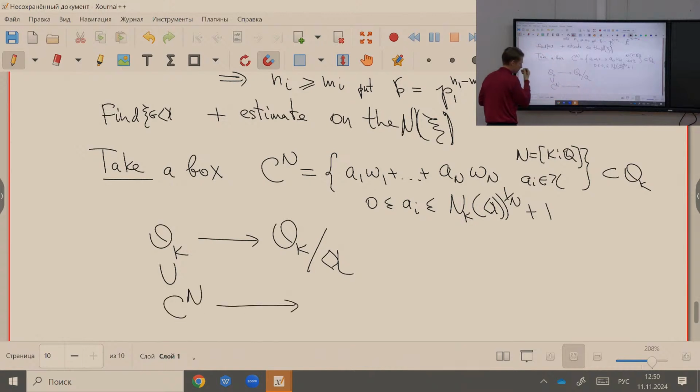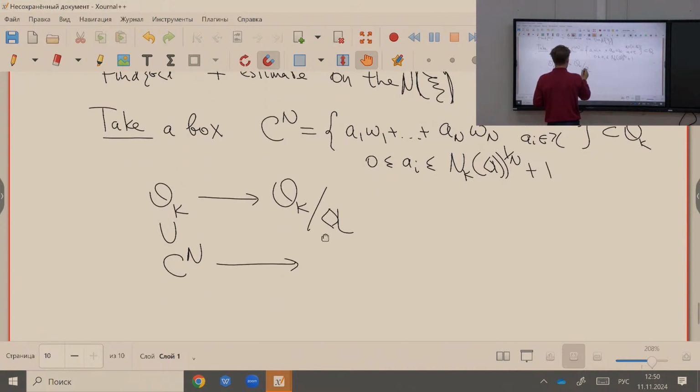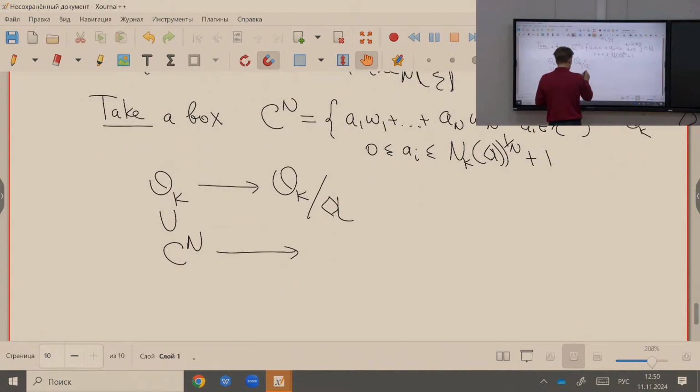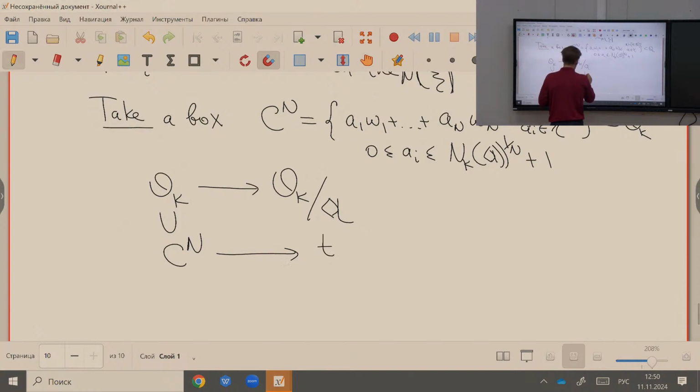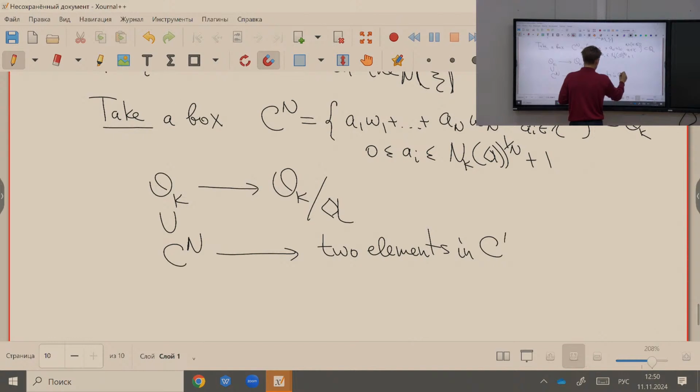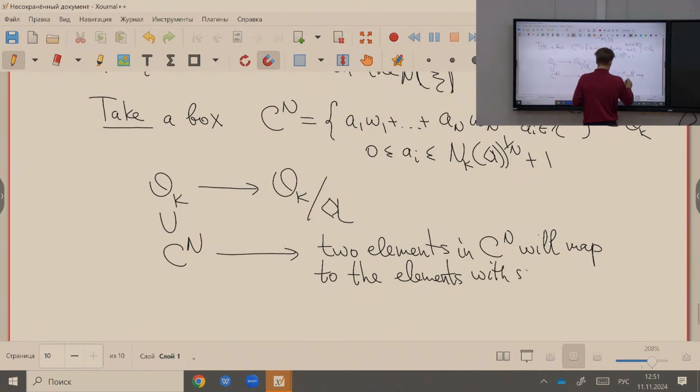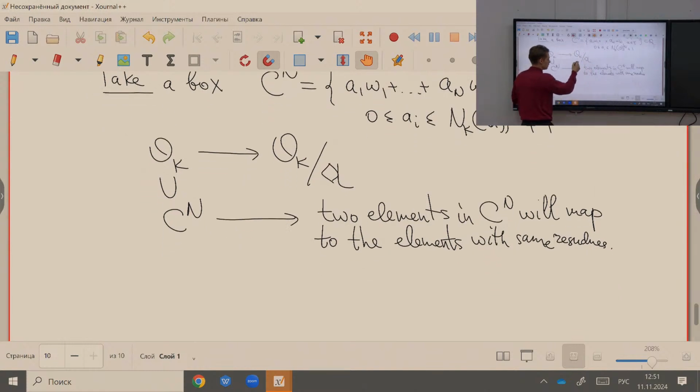So we claim that two elements from C^n will map to the same residues, since the number of elements, so this is a finite set. So this is a finite group.